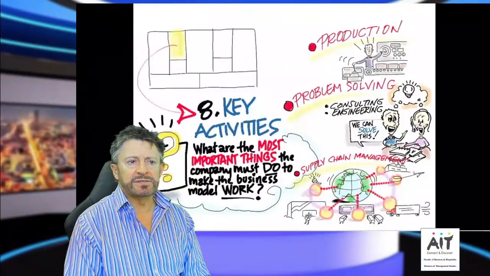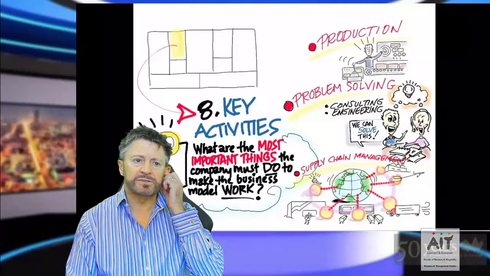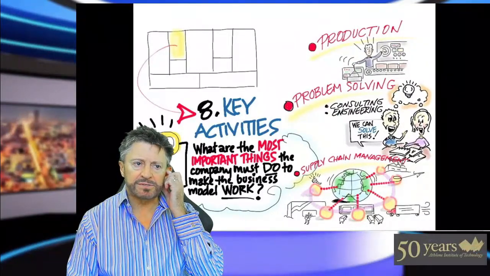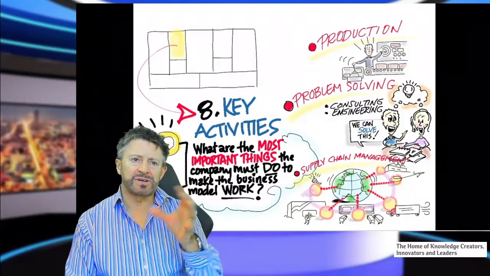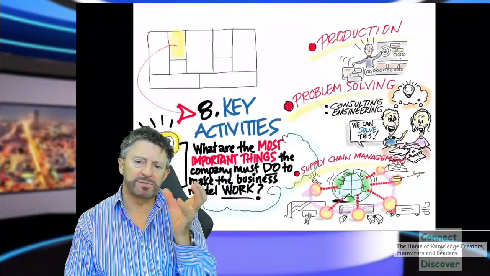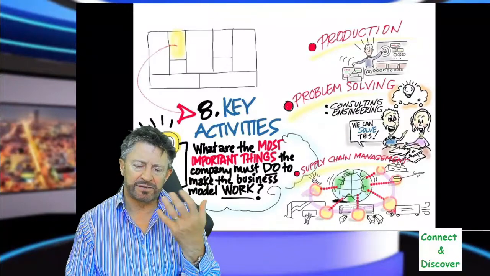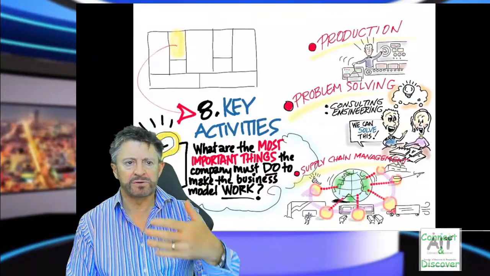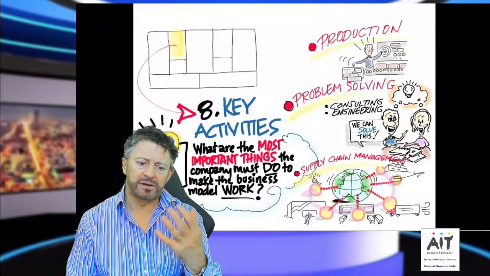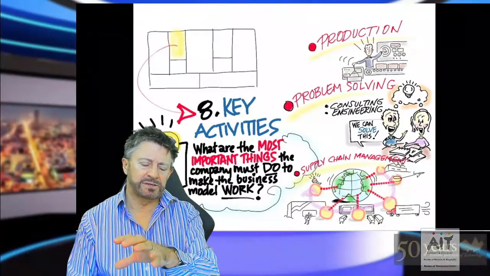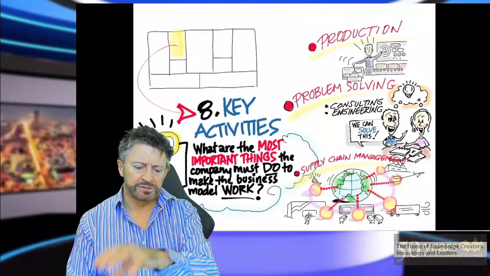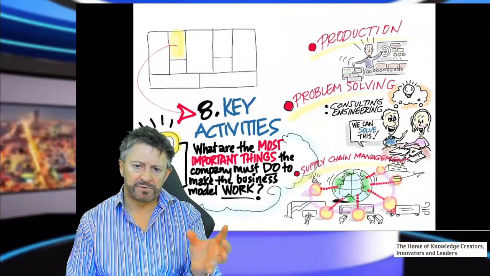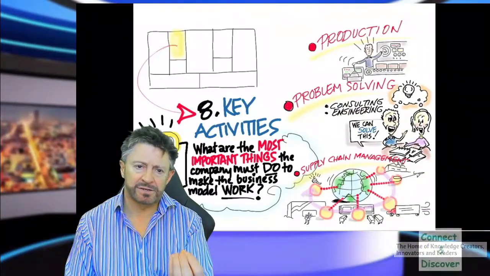The key activities that we look at here, the most important activities you do to make the business work itself. Again, there's a little bit of overlap. So activities, you might have to hire these consultants in, and you have to work with them over a period of time. They could be engineers, and likewise, I mentioned a minute ago, key partners might be your distribution network, but they could also be part of your key activity because they might be advertising for you.